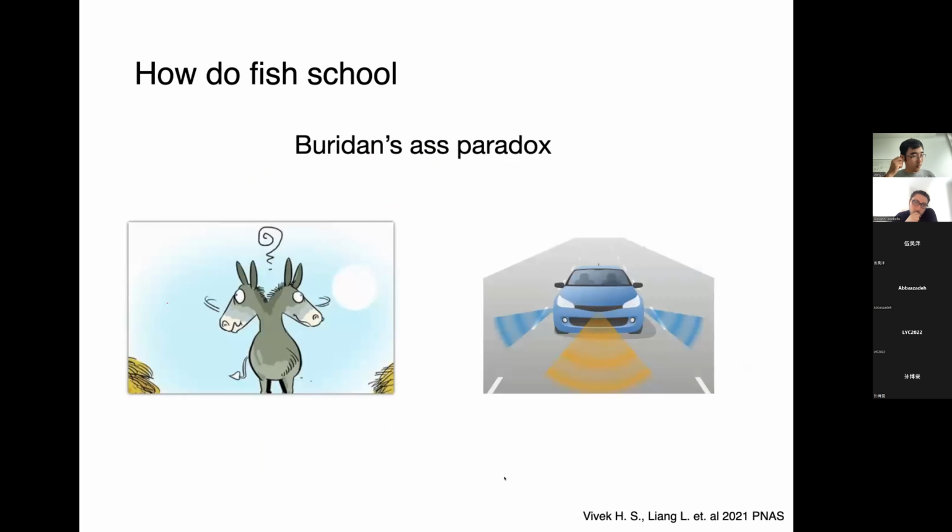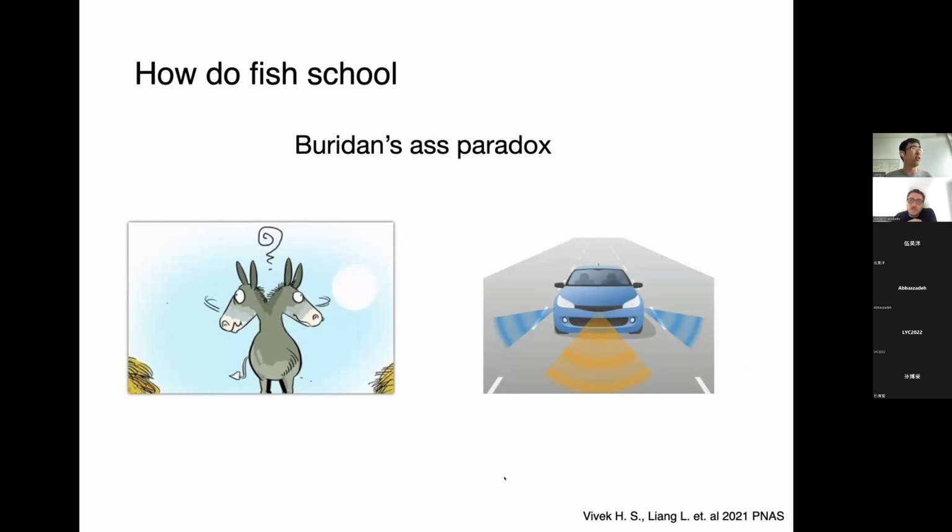So we take this to study some individual decision-making problem. This also starts from a philosophy question, Buridan's ass paradox. There's a donkey and she's very hungry, and she accidentally stands in between two bundles of hay. The two bundles of hay give exactly the same reward to the donkey.